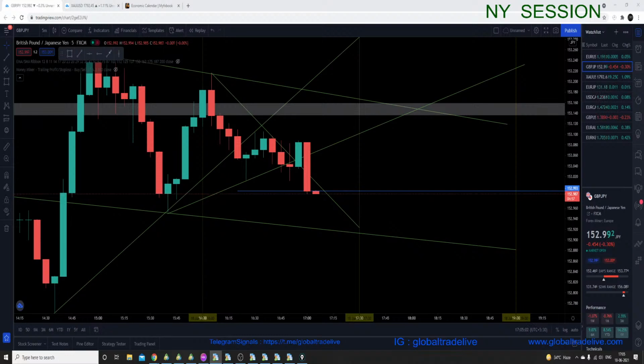I have executed a sell over here at this point because this candle closed. This is a fake out and this candle closed right here. So I'll just keep my stops above the high of this candle.